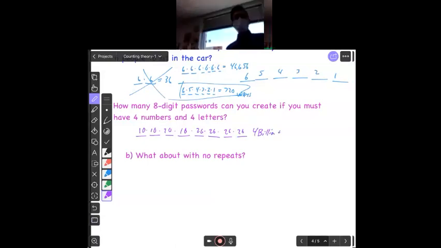You have to pick 8 things. There's 8 times you can make a choice. There's no restrictions on anything, so that means all these events are independent. Okay, so I could do 10, 10, 10, 10, and then pick letters, 26, 26. There you go. That's how it works. All of a sudden, we add a restriction onto it, and we've got dependent events.